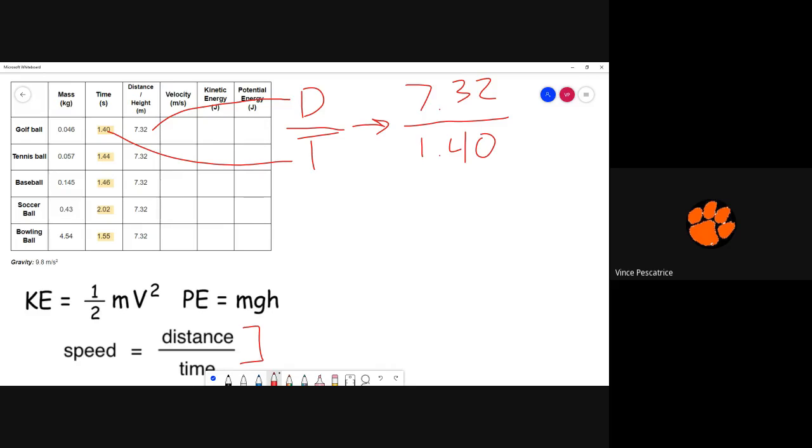I'm asking you to put that into a calculator. What you should get, let me type mine in real quick, is 5.23. This number is your speed, your velocity. It goes in here.